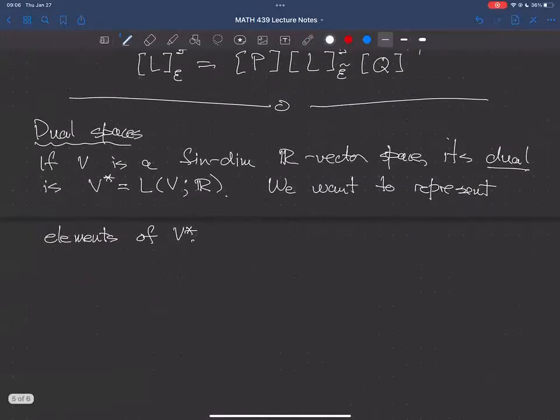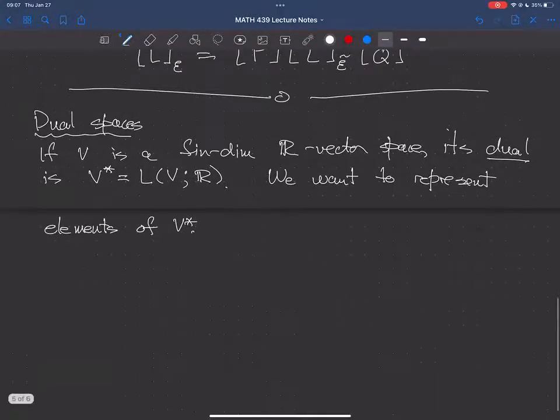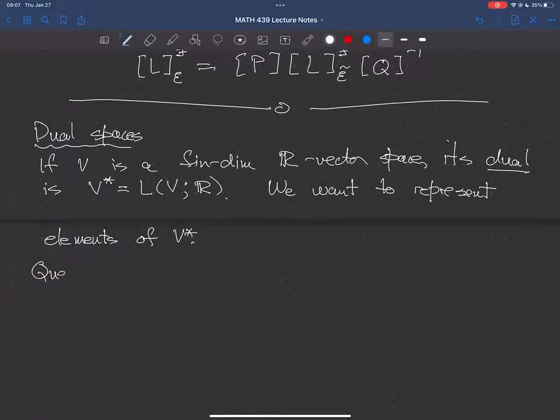The first thing is we're going to define a basis for V star. So let's think for a minute about what the dimension of V star is.